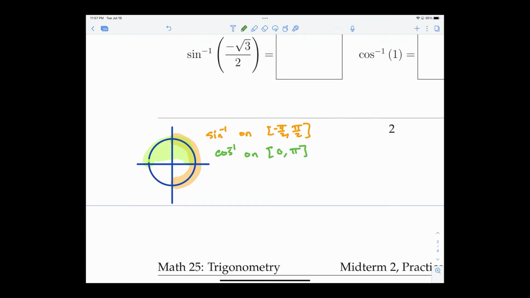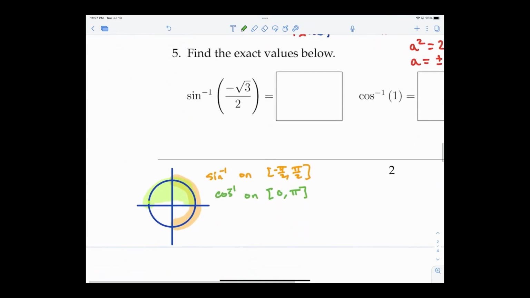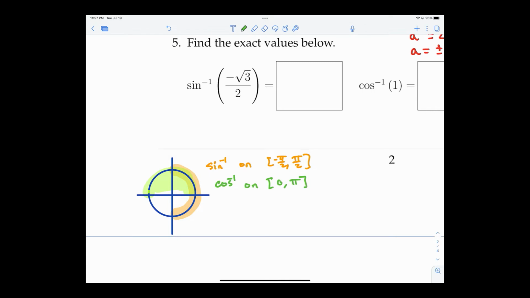And so when you do the cosine of theta is negative 12 over 13, on the unit circle, that would be somewhere over here. So in order for the x value to be negative, the theta had to be somewhere in quadrant 2.